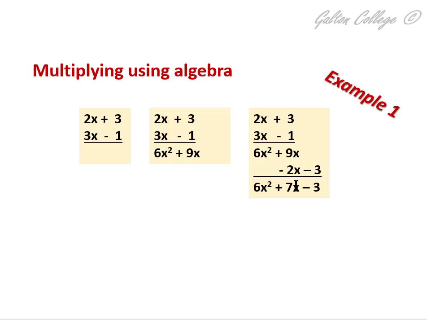Now add it all together, we get 6x squared, 9x plus minus 2x, 7x, and 3x plus minus 3x, minus 3 I should say, sorry, minus 3, add on nothing, it's just minus 3.